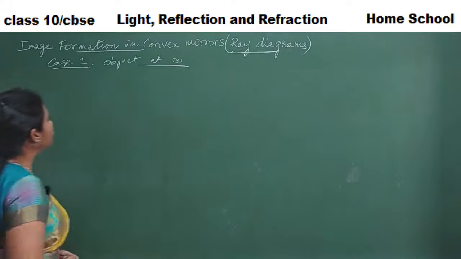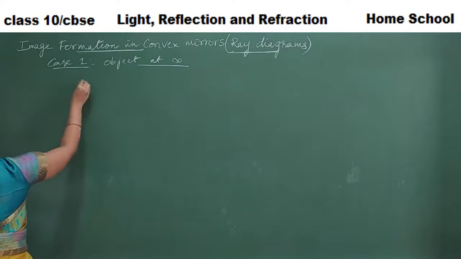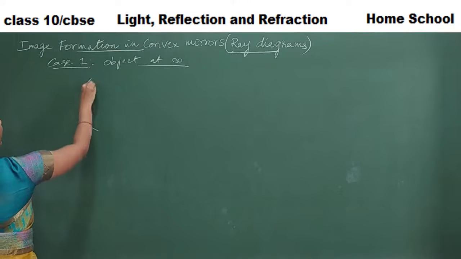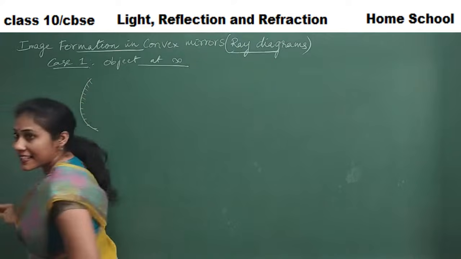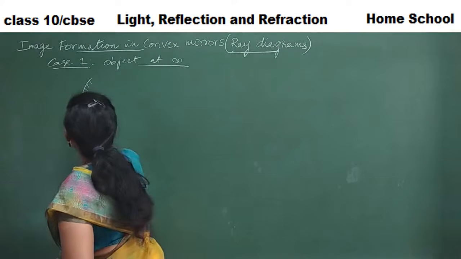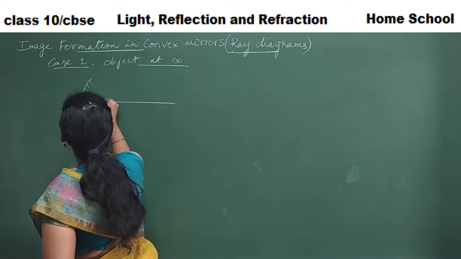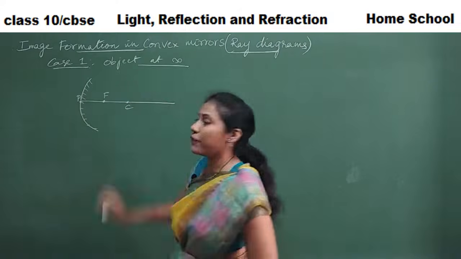See, how do you draw a convex mirror here? Something like this, right? This is how you will draw, and this is the back side of the mirror, and this is our reflecting side. We all very well know that the focus point and center of curvature are on the backside of the mirror.